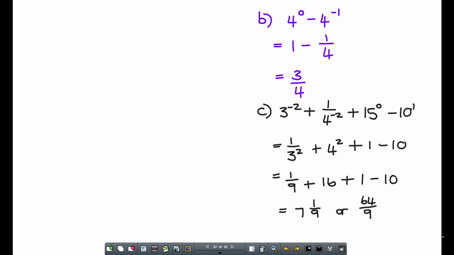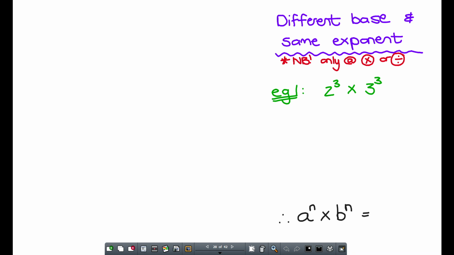Now, what we're doing now is different bases, but same exponents. So the bases are different, but the exponents are the same.